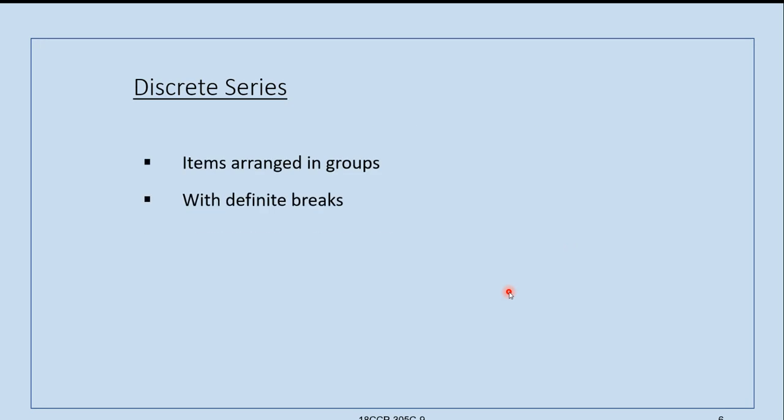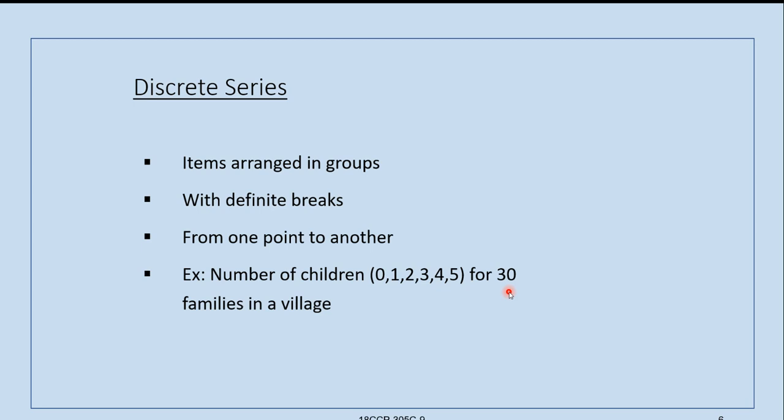In this lesson, as we have seen in the objectives, we will see what is discrete series. Discrete series items are arranged in groups, that is marks, ranks, or something else, with definite breaks.